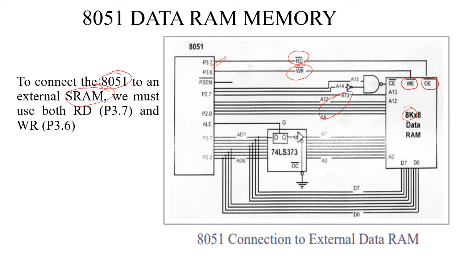However, we have discussed the 74LS373, which requires the address latch enable signal to separate address A0 to A7 and D0 to D7. One more pin that is present in any memory is the chip enable.